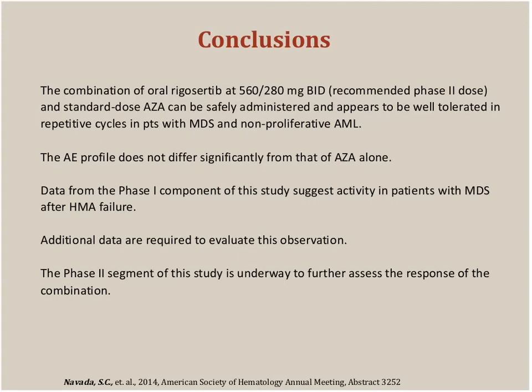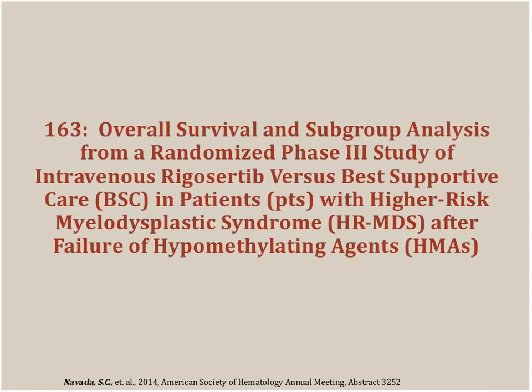And interestingly, rigosertib in combination with azacitidine appeared to be tolerated better than rigosertib alone on a 21-day schedule that's been used in patients with lower risk MDS. The data from the phase 1 suggests activity in patients after HMA failure, and the phase 2 segment of this study is underway and hopefully will be reported at the ASH meeting in 9 months.